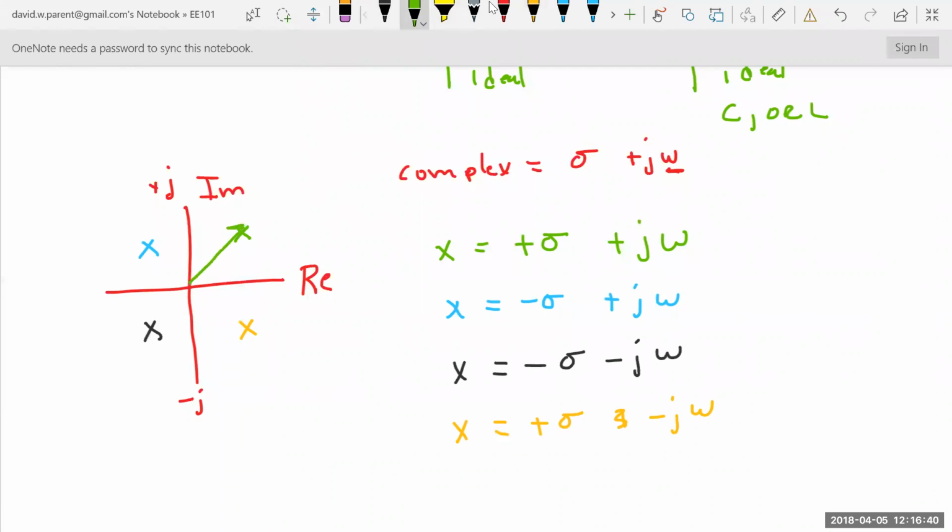But a lot of times we're going to use a magnitude and phase.